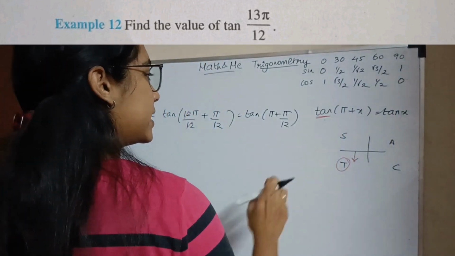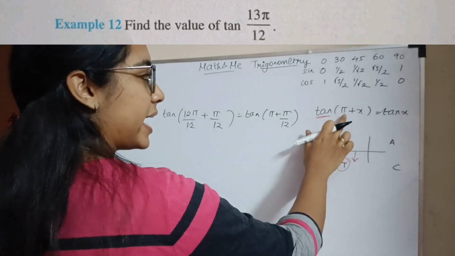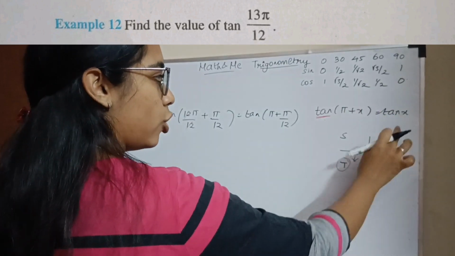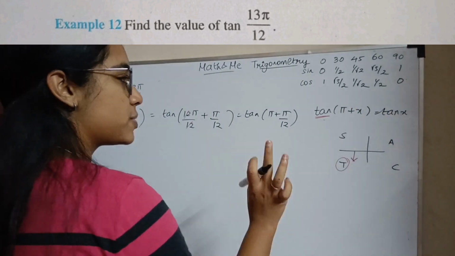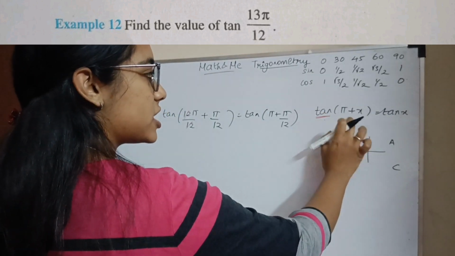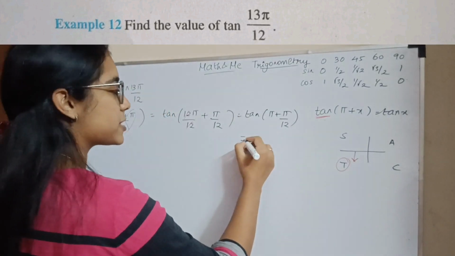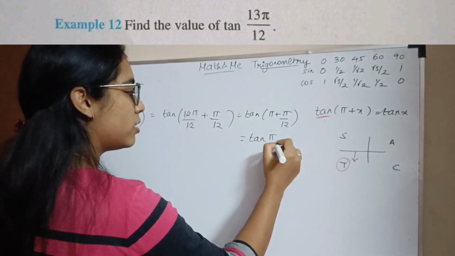In pi by 2, tan will become cot or cot will become tan. But we have pi. So tan, plus x or minus x, is it positive or negative? Tan is positive in the third quadrant because it is pi plus x. So tan of pi plus pi by 12 will become tan of pi by 12.